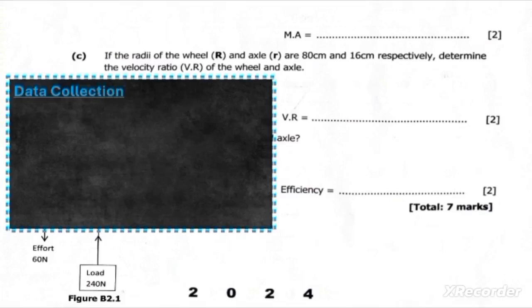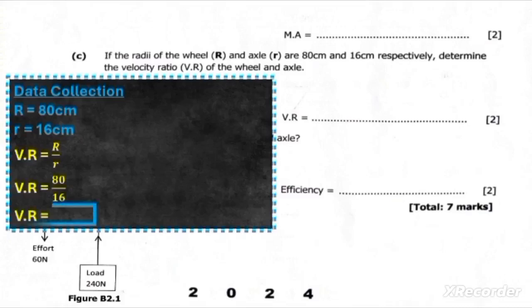We are going to say the big radius is equal to 8 centimeters and the small radius is equal to 16 centimeters. Velocity ratio is equal to capital letter R divided by small letter r. So 8 divided by 16, we are going to get 5. So the velocity ratio therefore is equal to 5.